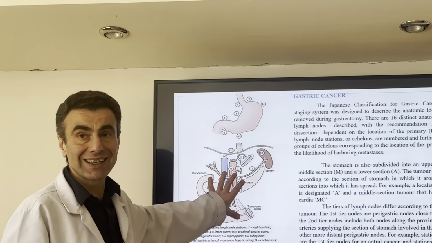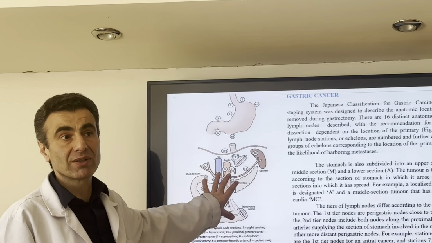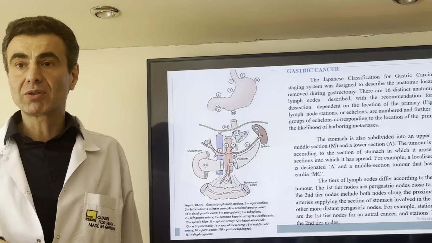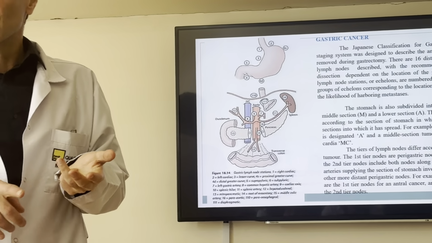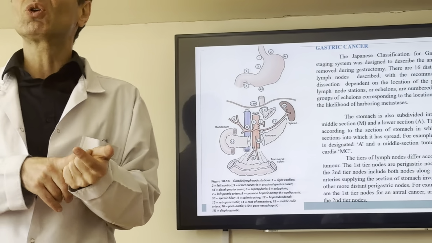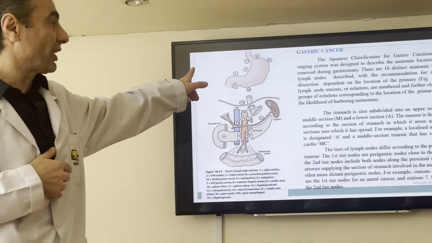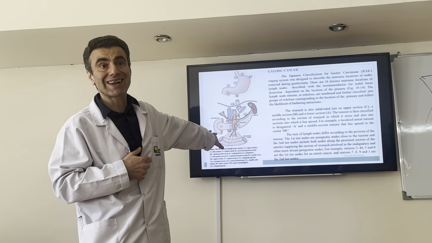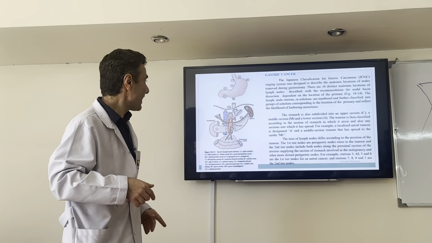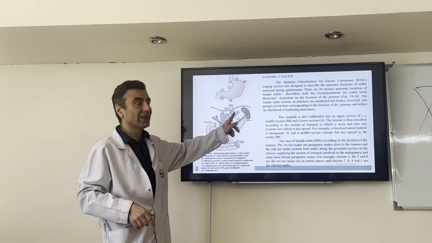Another 16 are located in the retroperitoneal space, along the aorta, along the inferior caval vein, along the pancreas. Let's say these are also regional lymphatic nodes, but not in the peritoneal cavity, rather in the retroperitoneal space. The last 2 are 110 and 111.